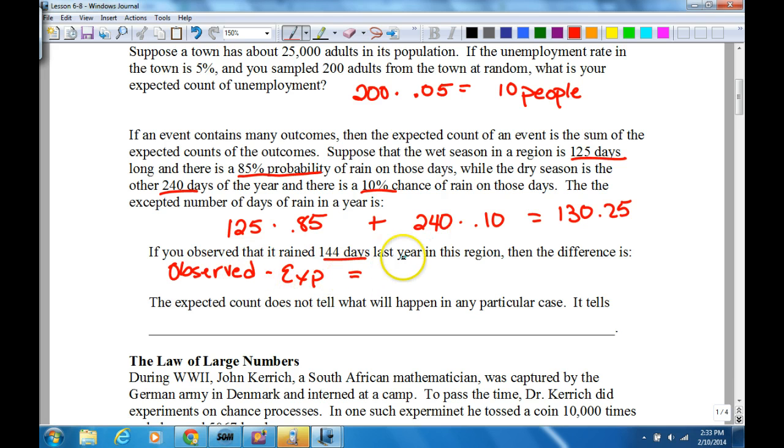In this case, it was 144 minus 130.25, and that would be 13.75. So the expected count does not tell us what will happen in any particular case. It tells what we expect to happen in the long run.